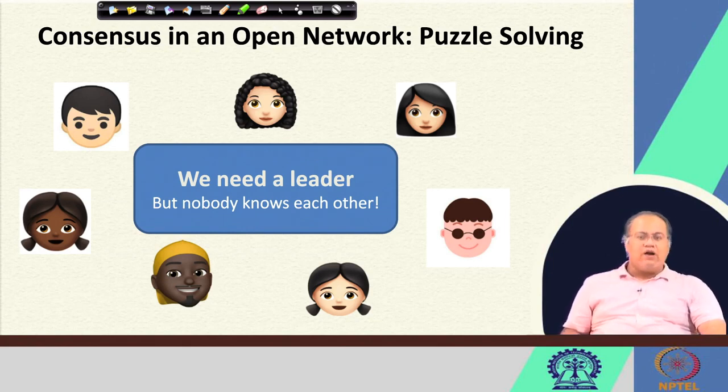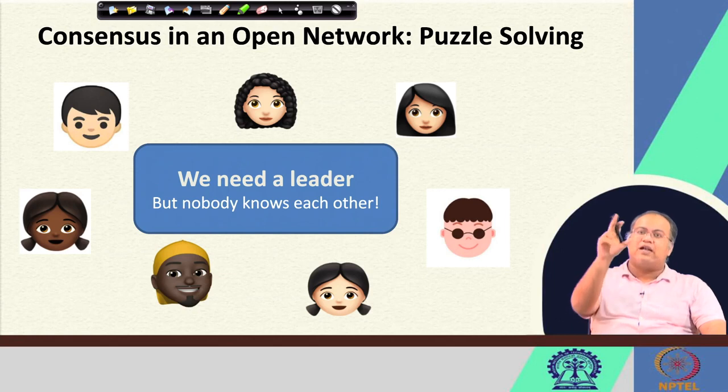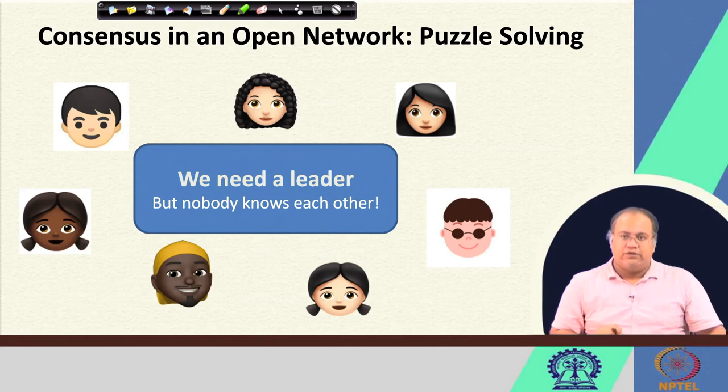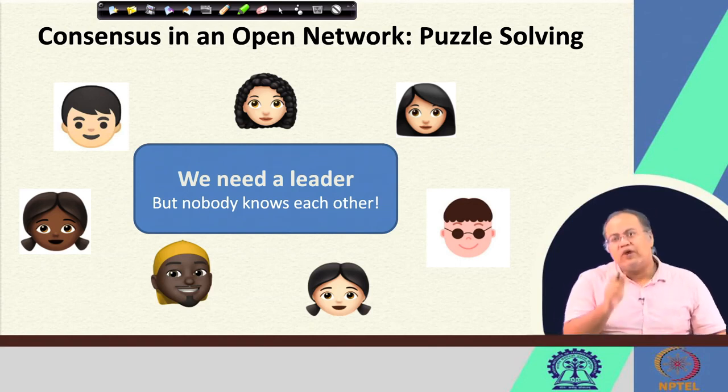One idea is that in some way, one of us becomes the leader, and then that leader verifies the transactions and certifies that a transaction is valid, so you can add that transaction to your committed transaction list. So somehow I need to find a leader. The question is how do I find a leader when no one knows each other?